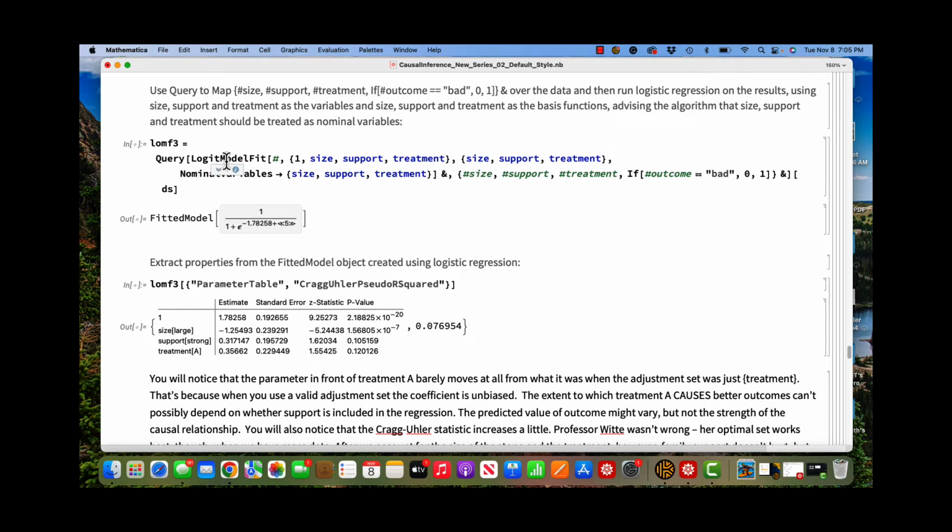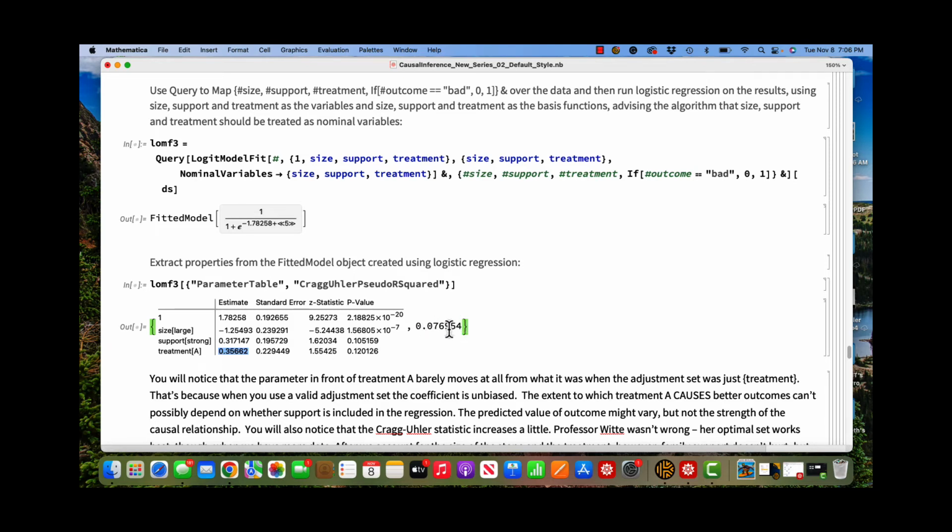The last thing I'm going to do in this segment is to do a logistic regression on another valid adjustment set, size and support. And what we can see here is that it doesn't really change the coefficient. As between different valid adjustment sets, the causal effect should remain essentially the same.